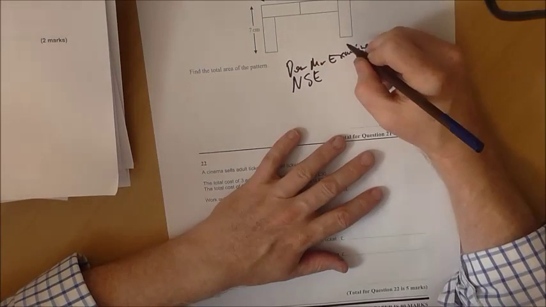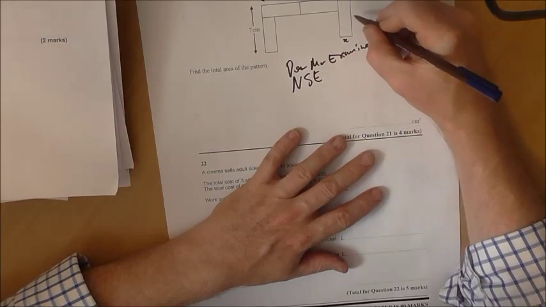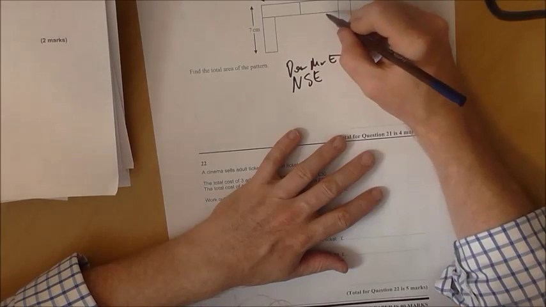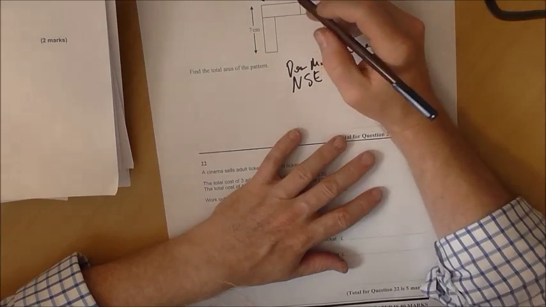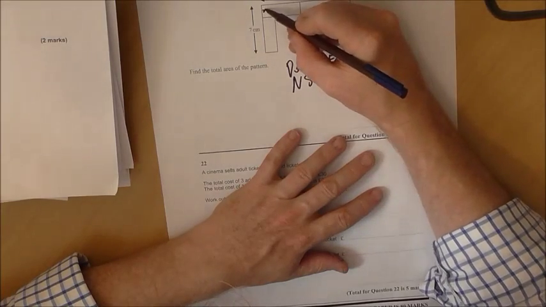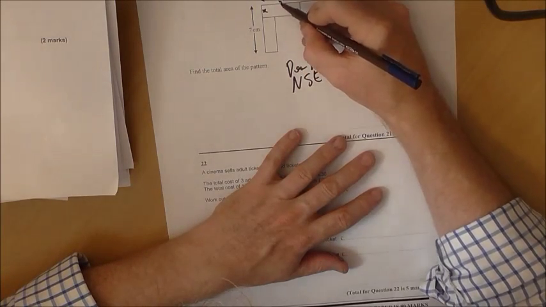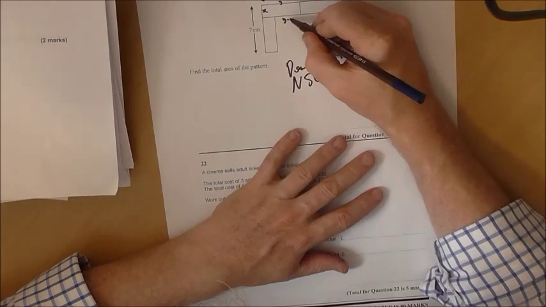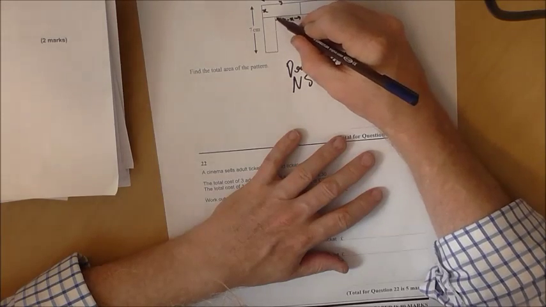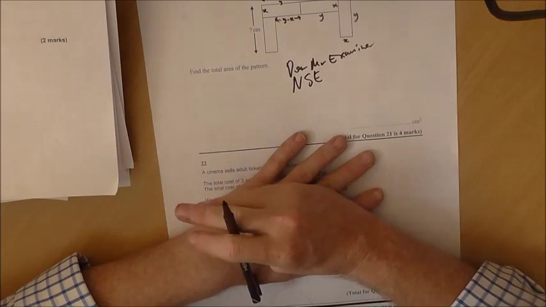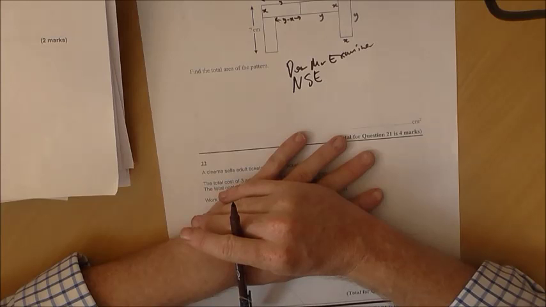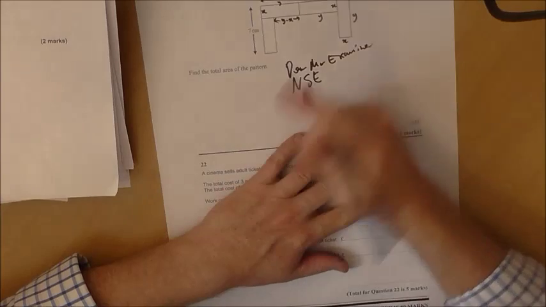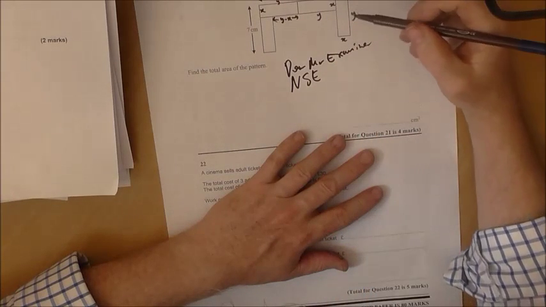You're told that they're identical, so let's call that X and that Y. So that'll be X, that'll be Y, that'll be X, that'll be Y. So that'll be Y minus X. And maybe state some equations.